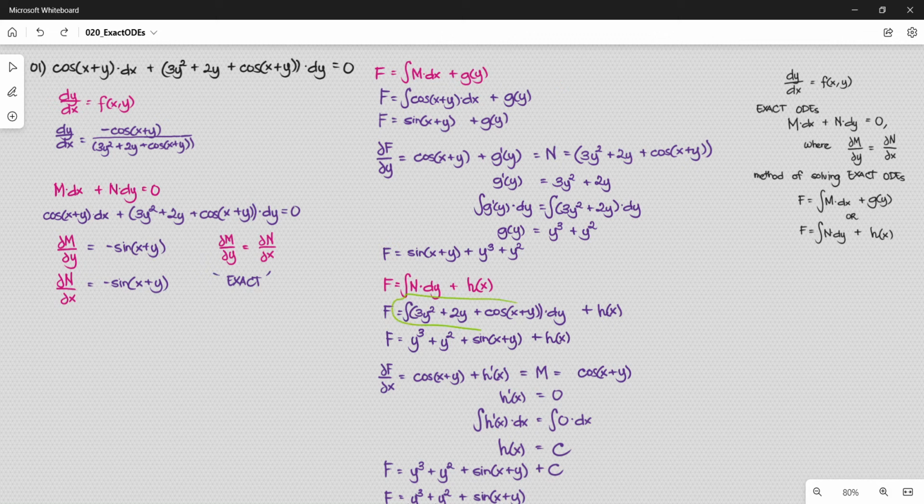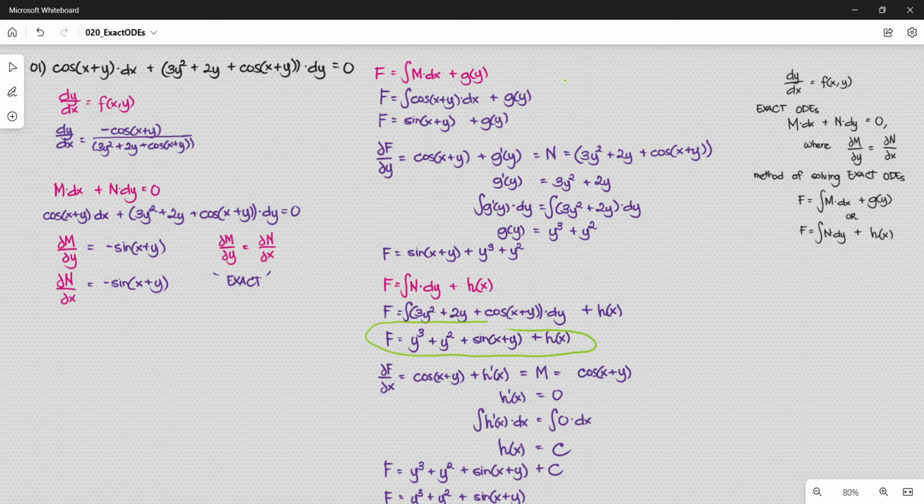So, ito yung n dy. Integrate lang natin. Integral ng 3y squared dy is y cubed. Integral ng 2y dy is y squared. And integral ng cosine x plus y dy is sin x plus y. Tapos ayan, may plus h of x sa labas.